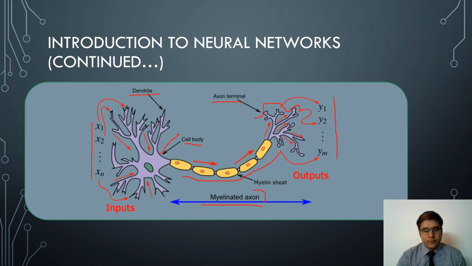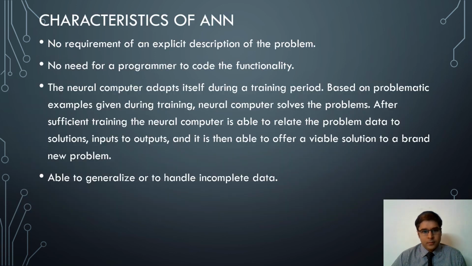The function of a neuron is to convert input into output, based on some processing function. Characteristics of artificial neural networks. No requirement of an explicit description of the problem.